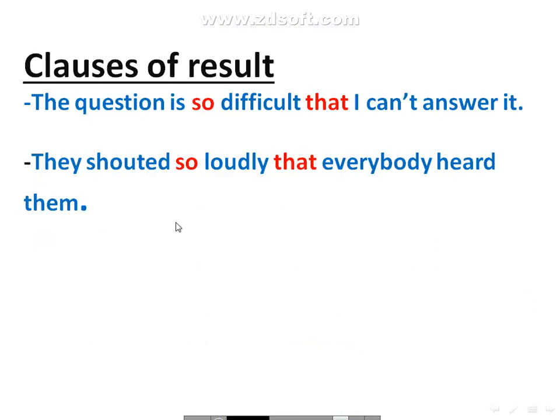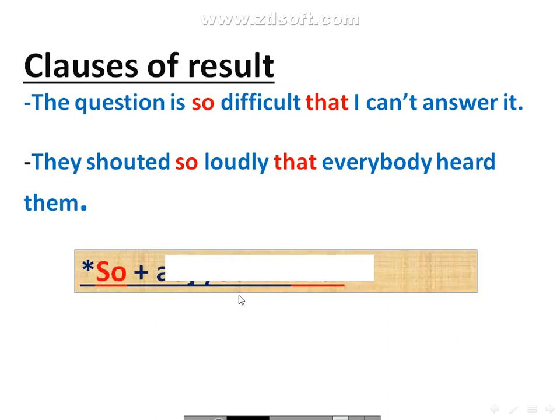Let's turn to clauses of result. To express the result of an action we use so that. So plus an adjective or an adverb plus that plus the result. The question is so difficult that I can't answer it.